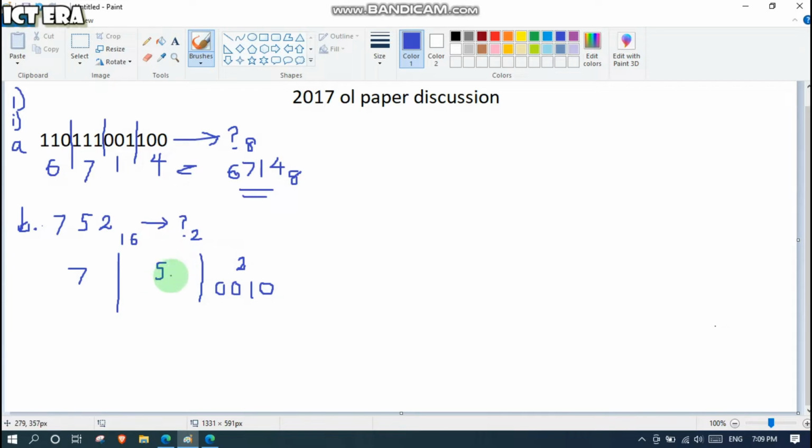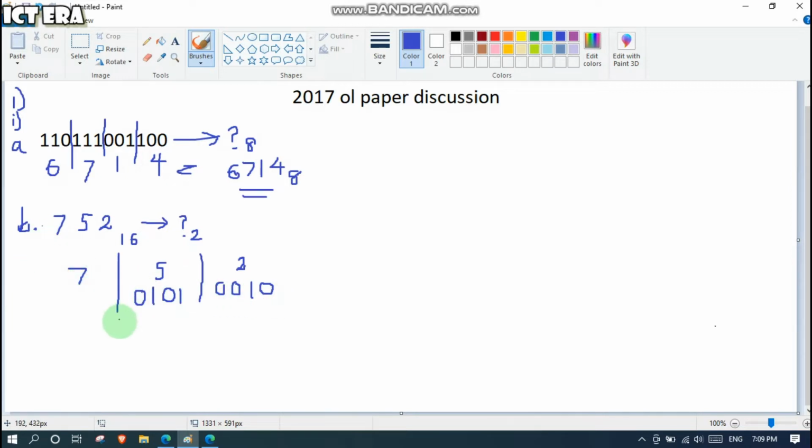Then in here 5 means we can make it as 2 to the power 2 equals 4 plus 1. Then I can write a 1 for 2 to the power 0, and for 2 to the power 1 I don't need any ones because 5 is made by 4 plus 1. Then again 2 to the power 2 another 1, and for 2 to the power 4 no ones.